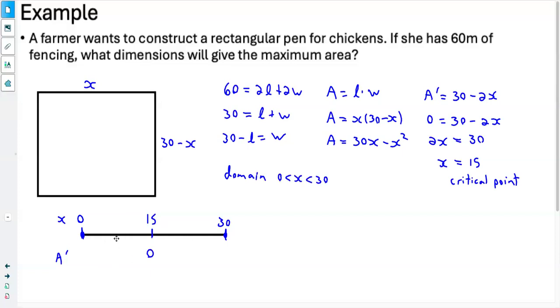So if I was to substitute in, say, 10 into here, between 0 and 15, that would give us a positive value. If I was to substitute, say, 20 into here, that's going to give us a negative value, which means our graph of A would be going up here and going down here, which means that this is a maximum point.